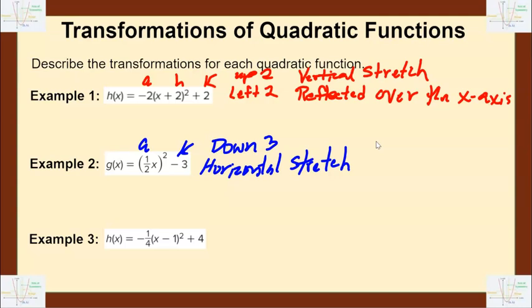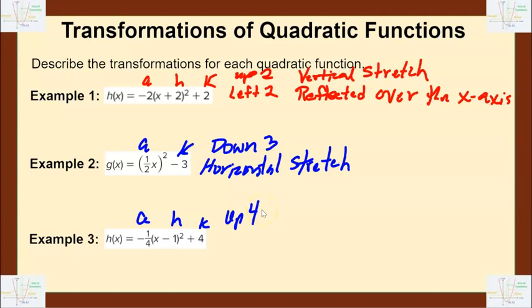And our last example, example 3. My k is 4, my h is a positive 1, and then my a is on the outside of the parentheses. So the plus 4 tells us it's going up 4.